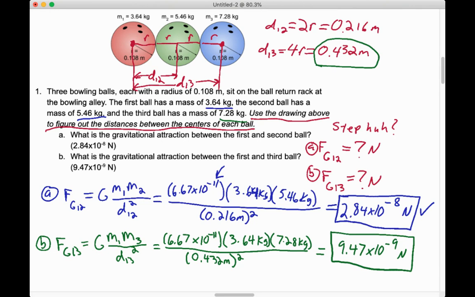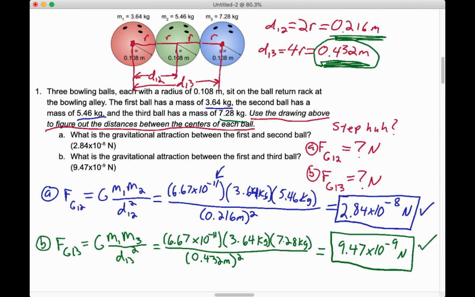But it's important to realize it's also further away. Yeah, this number here, 0.432 meters, is a bigger number than this. So the fact that 1 and 3 are further away than 1 and 2 is what gives us a smaller force for that.